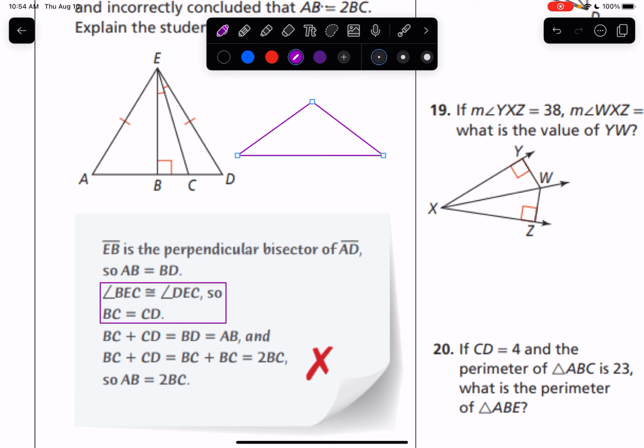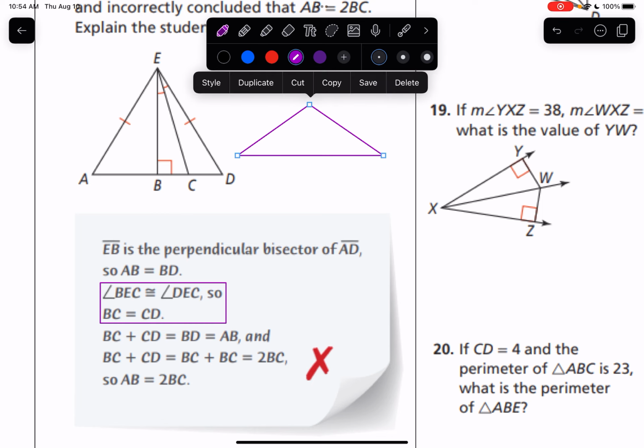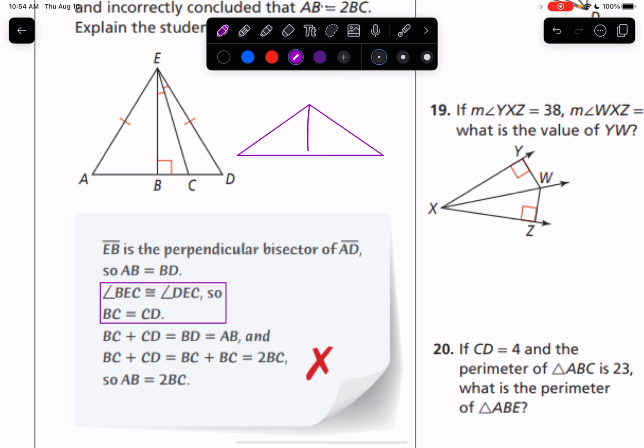If I drew a really long triangle like this, and drew the perpendicular bisector, and then drew an angle bisector, this line is going to be bisecting the angle. The angles will be the same, but clearly these two sides are not the same length.